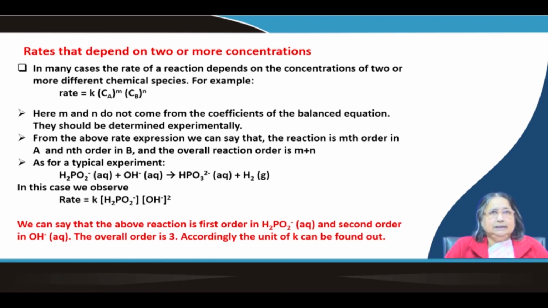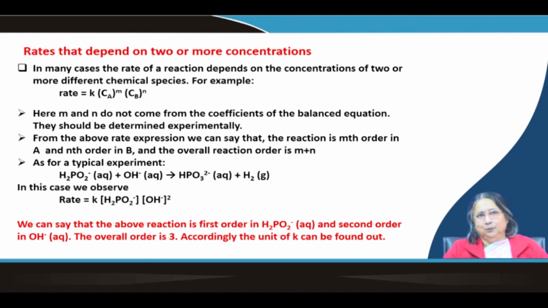I think it is clear from these examples. Now it is your choice whether you will use the differential rate law or the integrated rate law to determine the order, and whether you will determine the order with respect to one species or with respect to both, that means the overall reaction.